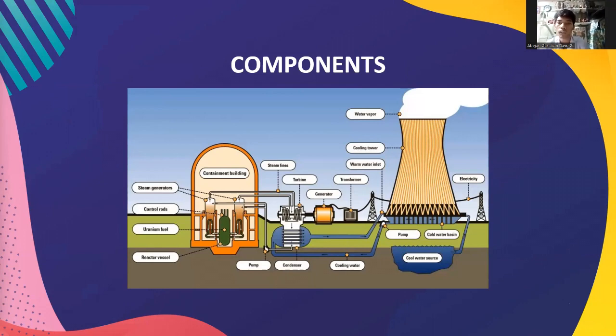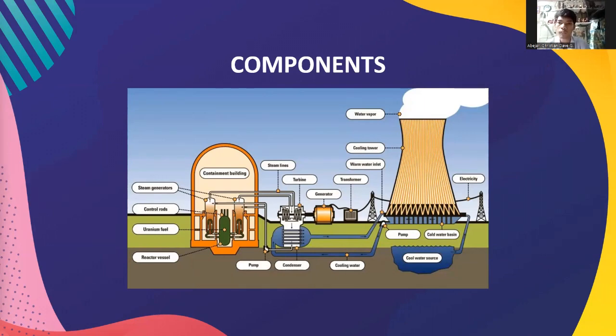I will discuss the components of a nuclear power plant. First, we have a containment building along with the steam generators, control rods, uranium fuel, and the reactor vessel. Then connected to the steam lines and turbine. Then after the turbine, we have the generator transformer.